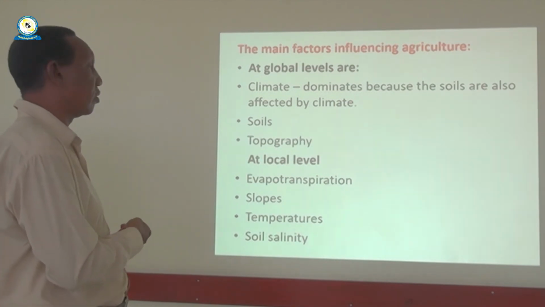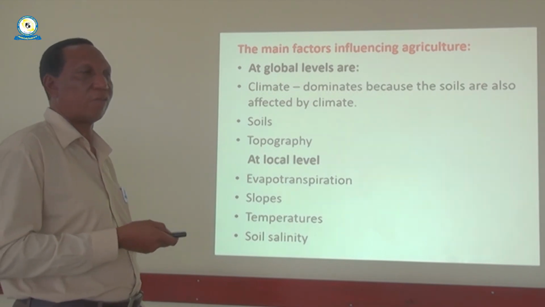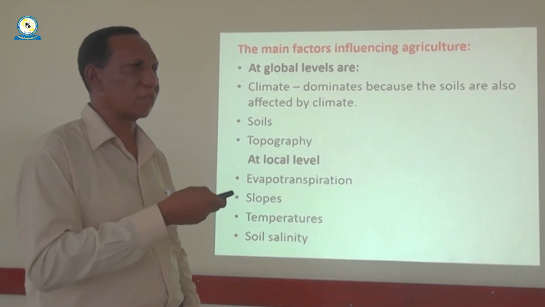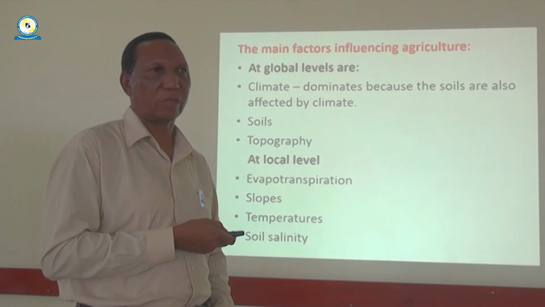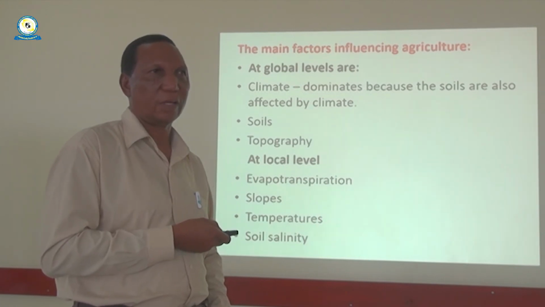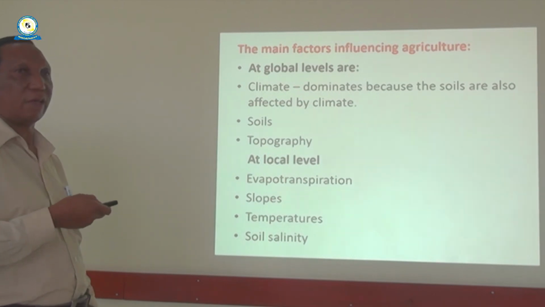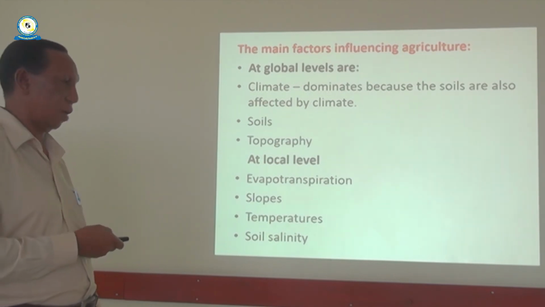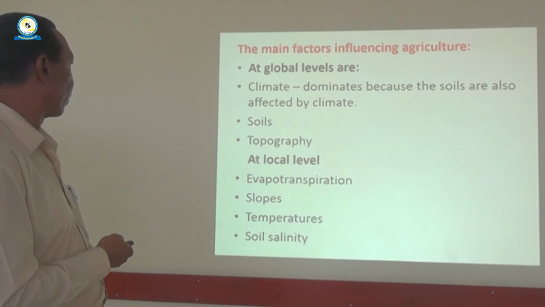Soil also: the world is divided into soil zones, and each soil zone, if you observe it carefully, is supported by a certain type of crops. So when you use soil to determine the agricultural regions, then you are using one of the components of environmental factors. Topography.